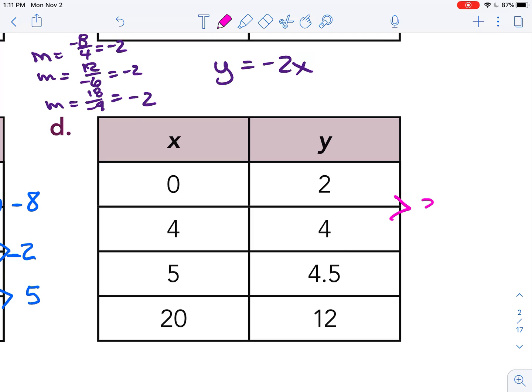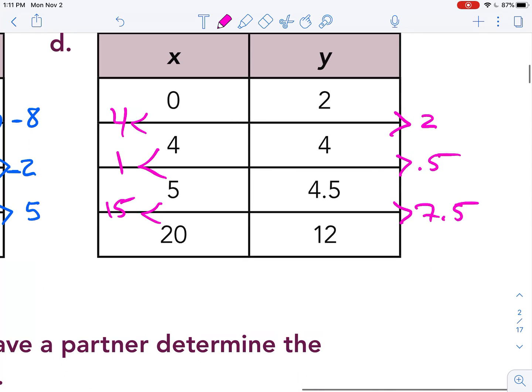This one, it goes up by 2, by 0.5, by 7.5. This one goes up by 4, up by 1, up by 15. So let's look and see what our slope would be. Oh, why am I starting at that very end? I don't know.